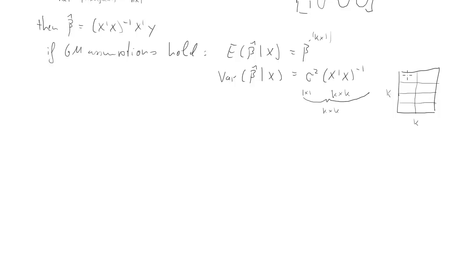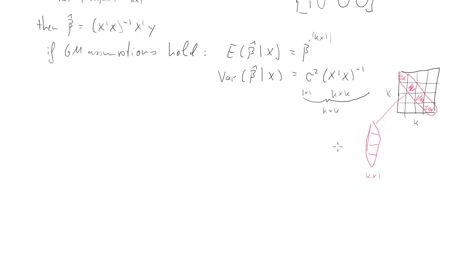The ones we are mostly interested in are the values on the diagonal. These are going to be the variances for the individual parameter estimates, the variances for β1 hat, β2 hat, β3 hat, and so on.